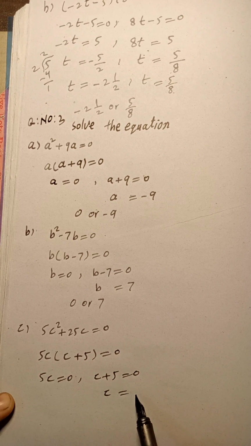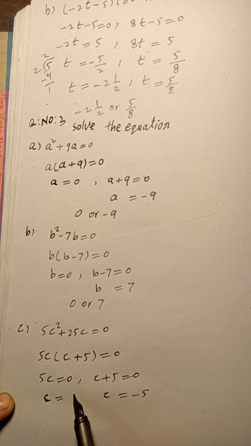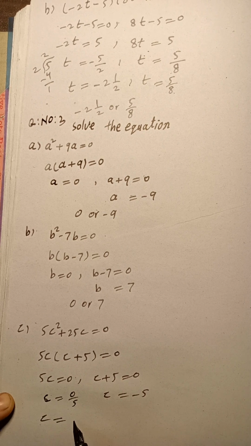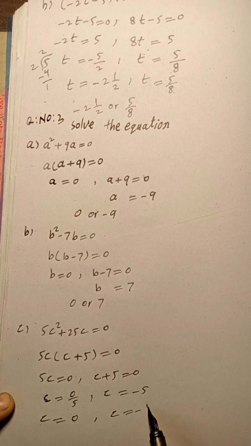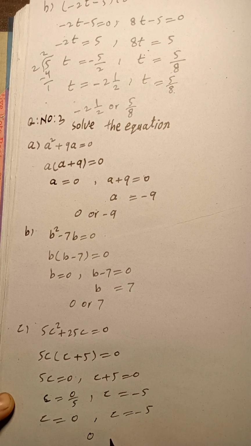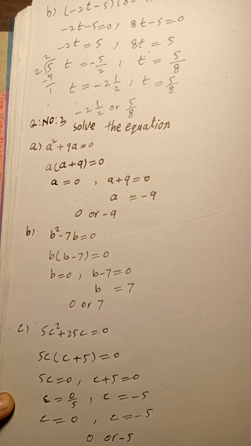Now c is equal to minus 5, and from here you see that 5 is multiplied, it will be divided on the other side, so 0 is here and here c is equal to minus 5. Now 0 or minus 5 is our answer.